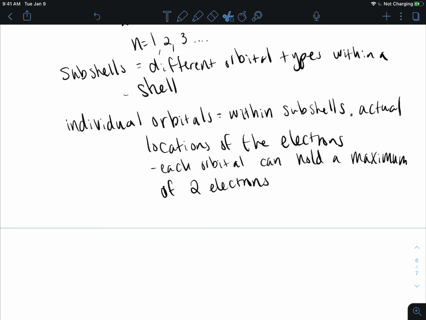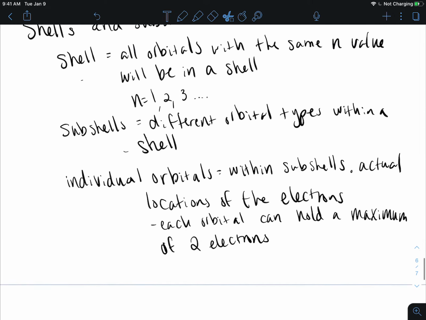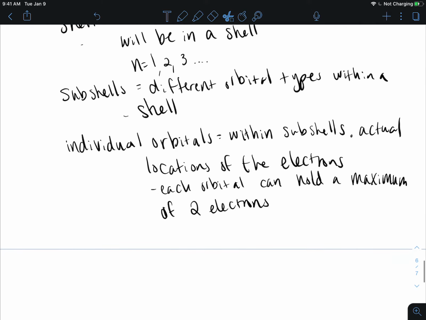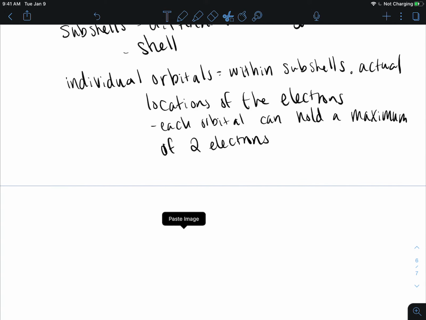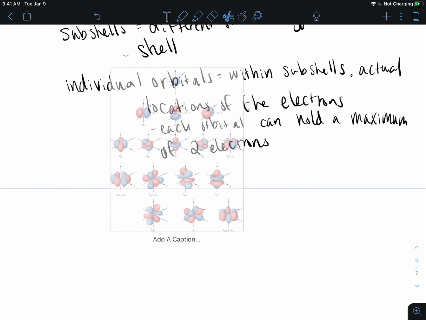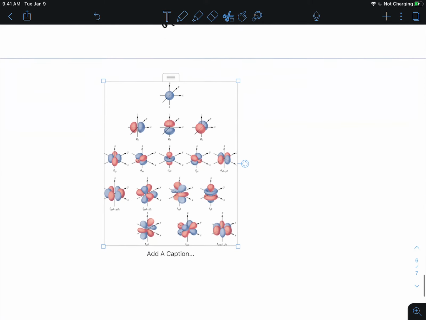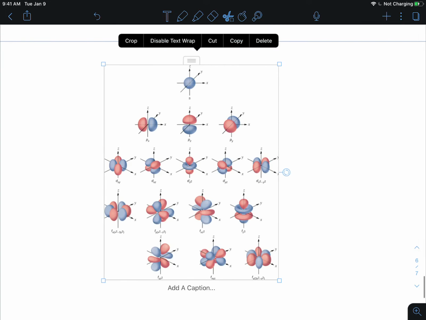Once all of the information is known about our shells, subshells, and our orbitals, we can actually look at our visual representation of our orbitals. So here is what the visual representation would look like.